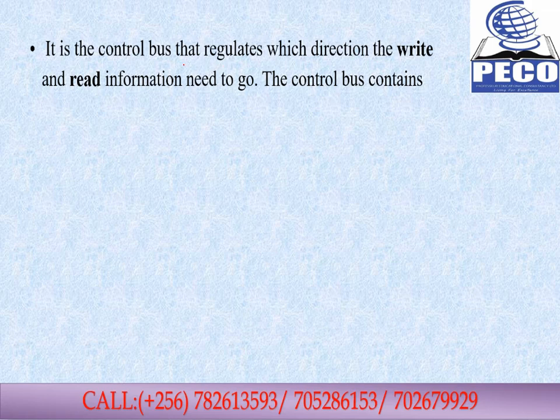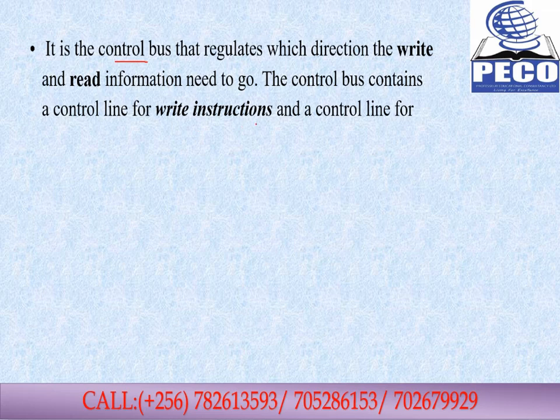But the control bus will regulate that. So the control bus contains a control line for write instructions and a control line for read instructions, because the instruction may be write when you are sending, or read when you are receiving from another device.